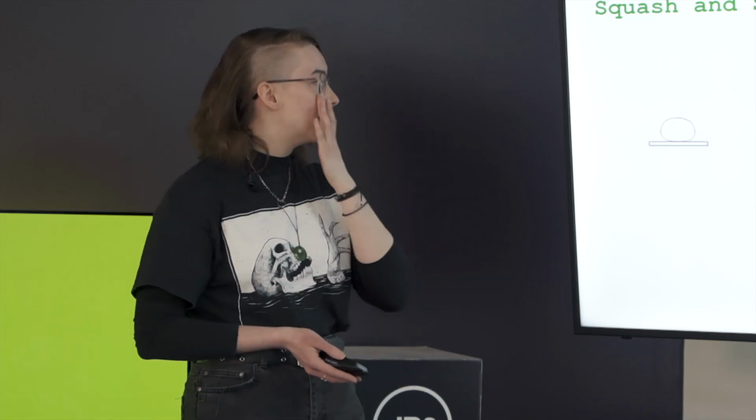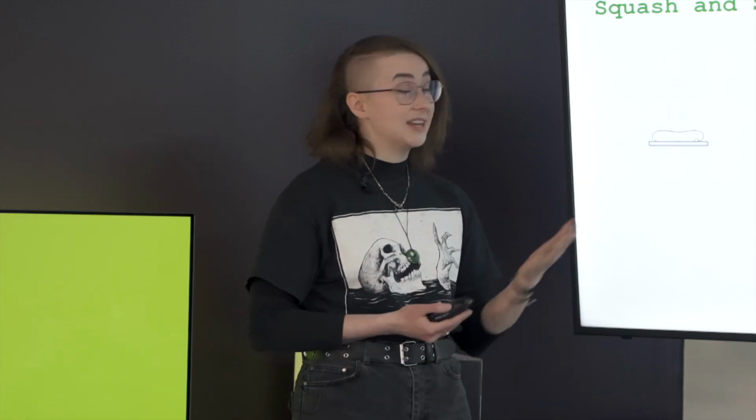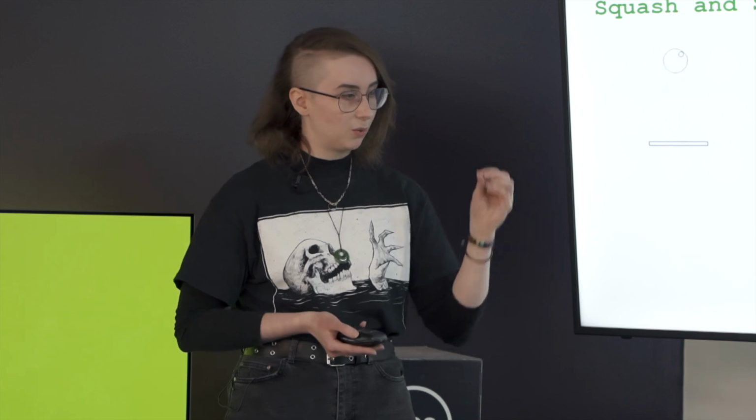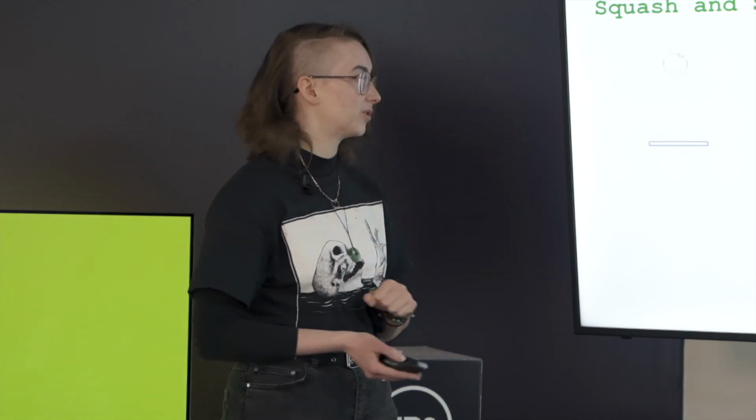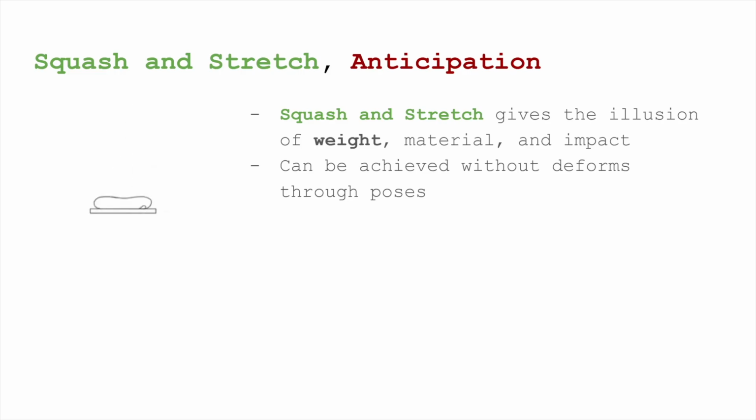And it basically gives the illusion that this is a bouncing ball. It's probably made of rubber. You probably think it's something that can be bounced, like a basketball. And this is something that we would see in real life as well. If you watched a basketball drop in slow motion, you'll see the compression and the stretching as it pulls back out.